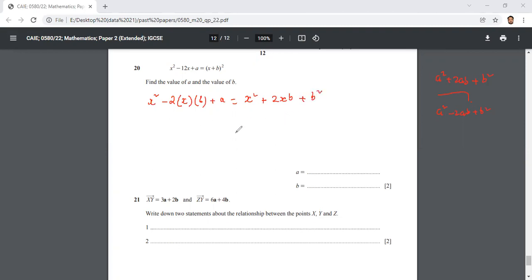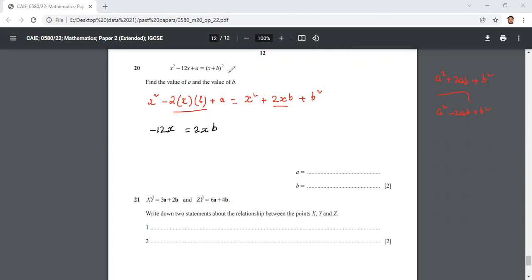So we are looking for a and b. Of course, b we cannot find directly, so I will try to compare these two. If we compare this one, this is basically minus 12x is equal to 2xb.